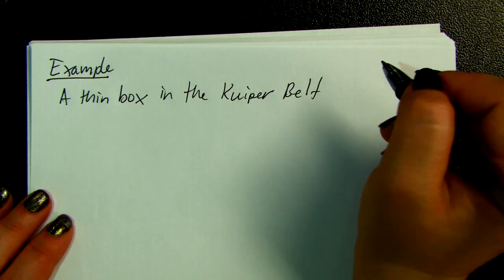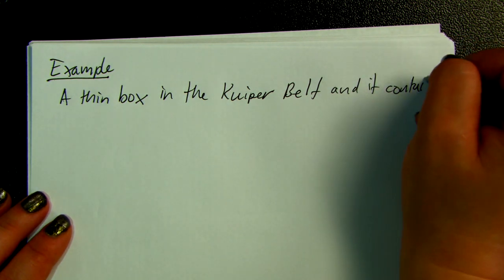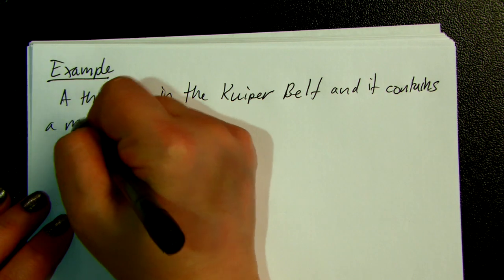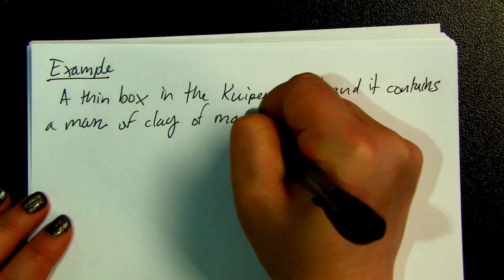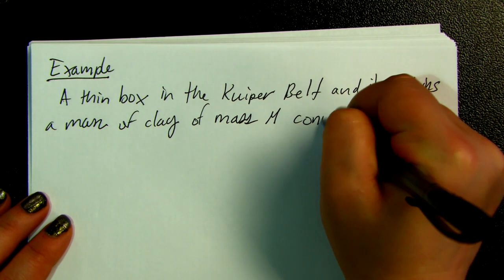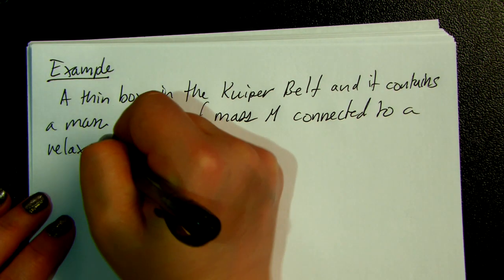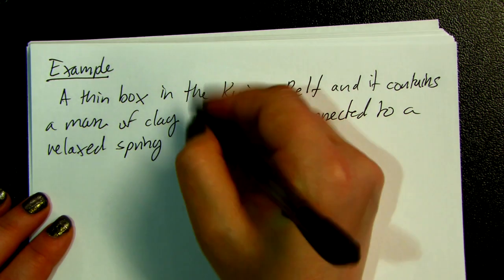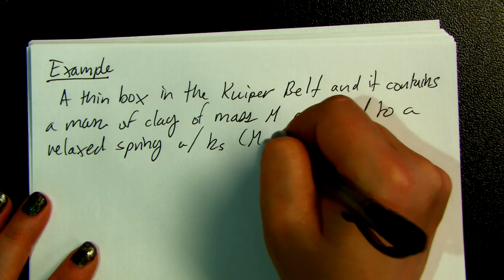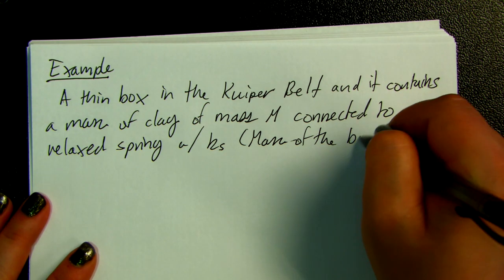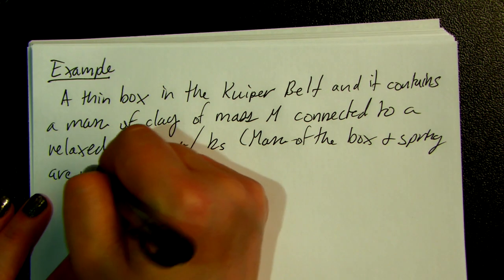So we are in space, and it contains a mass of clay of mass m connected to a relaxed spring with a coefficient Ks. And the mass of the box and spring are negligible compared to the clay.